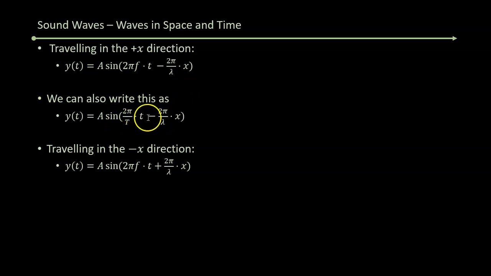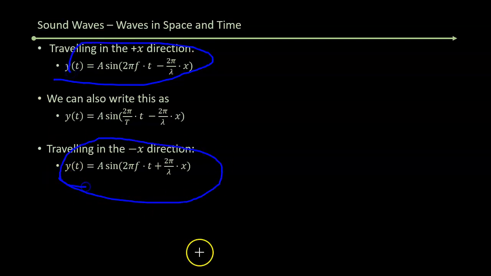If you like symmetry a little bit, you can write it in terms of the period instead of the frequency, and it's just 2 pi over T times time minus 2 pi over lambda times x, and that gives you a little bit more symmetry if that appeals to you. If you're traveling in the minus x direction, that minus sign changes to a plus. So this wave up here, that's traveling in the plus x direction. That's traveling in the minus x direction.